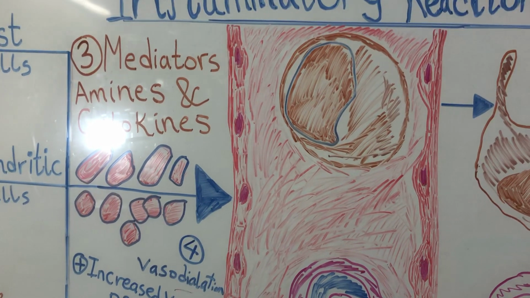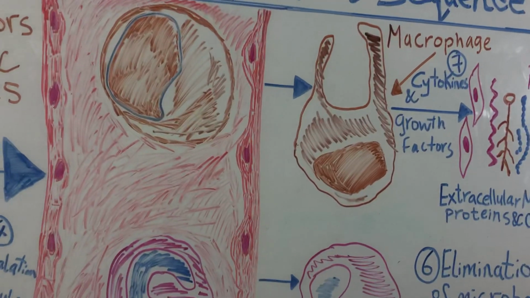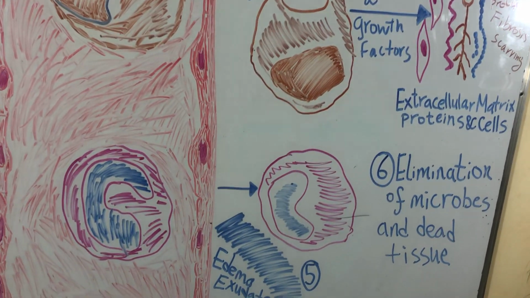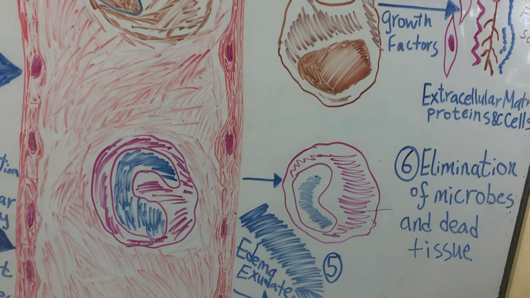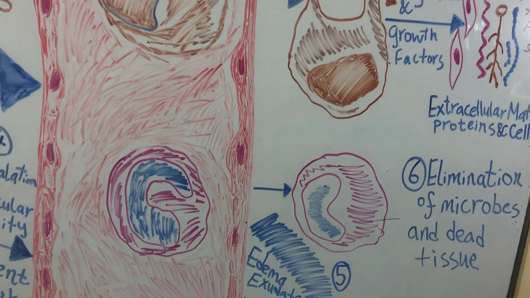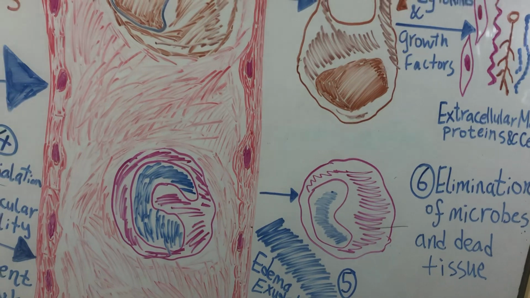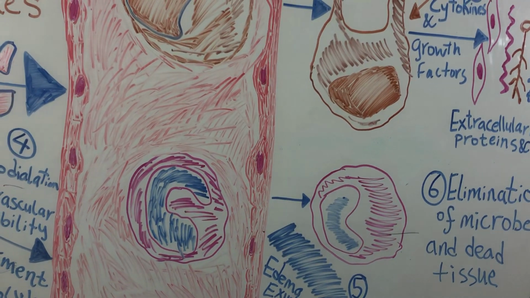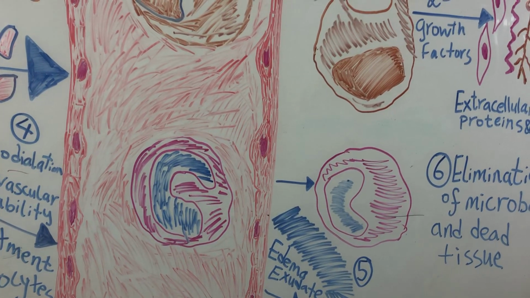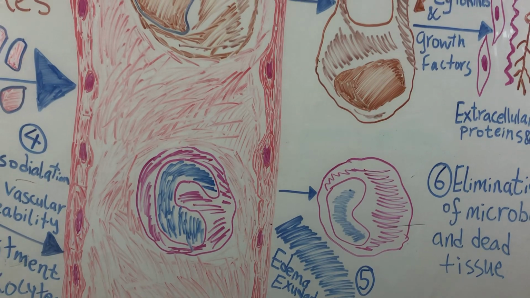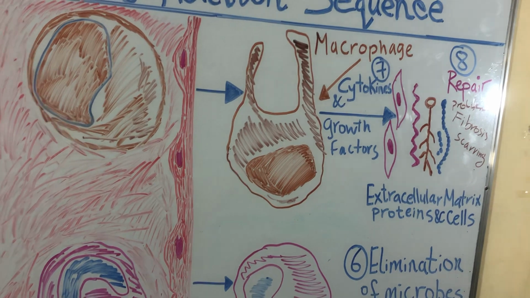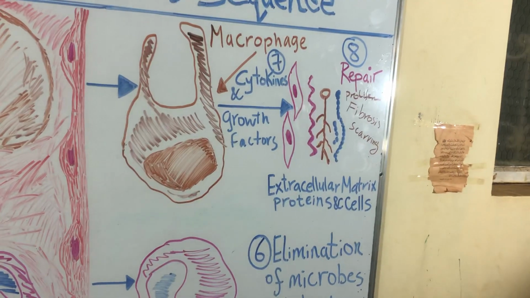stressful stimuli. And we have monocytes that fully differentiate into macrophages, and then there will be elimination of microbes and dead cells. And obviously we talked about how the edema is an exudate edema associated with inflammation, but not transudate edema. Transudate edema is protein poor, associated with pathological conditions such as congestive heart failure, while exudative edema is associated with inflammation. And macrophages release growth factors and cytokines to fibroblasts in order to initiate repair.